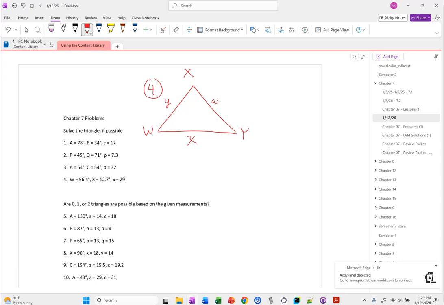Angle W is 56.4 degrees, and I can tell it's talking about an angle because there's a degree symbol on it. Angle X is 12.7 degrees, and side X is 29.